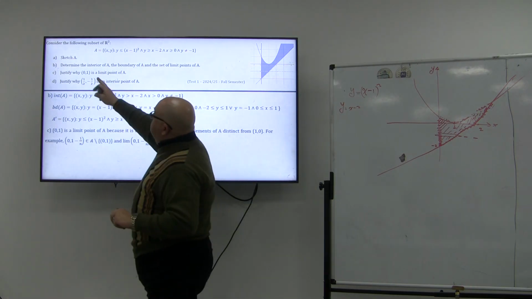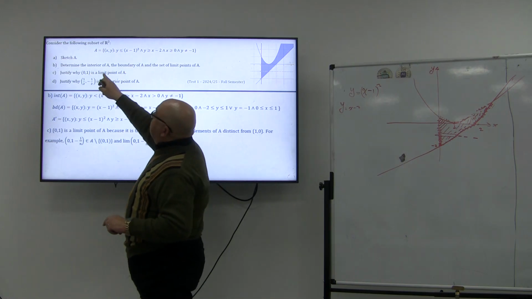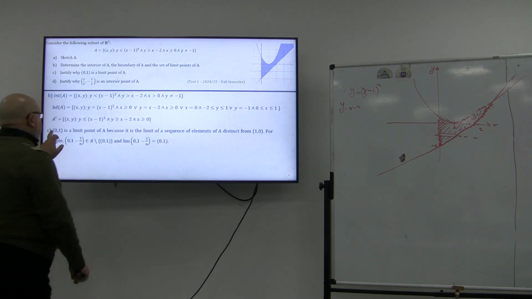He's asking: is it a limit point? Meaning, is (0, 1) a limit point of A? Why? Justify. Of course the point (0, 1) is a limit point of A. Why is it considered a limit point?